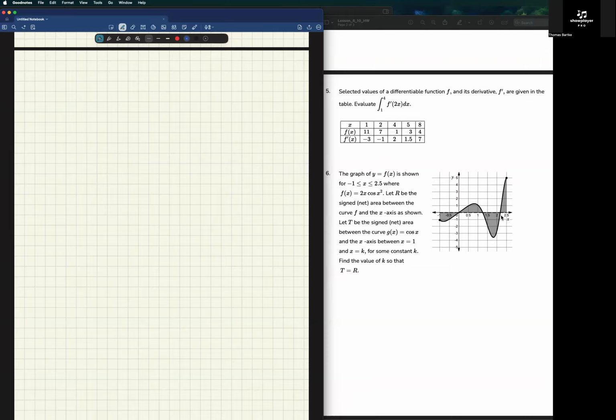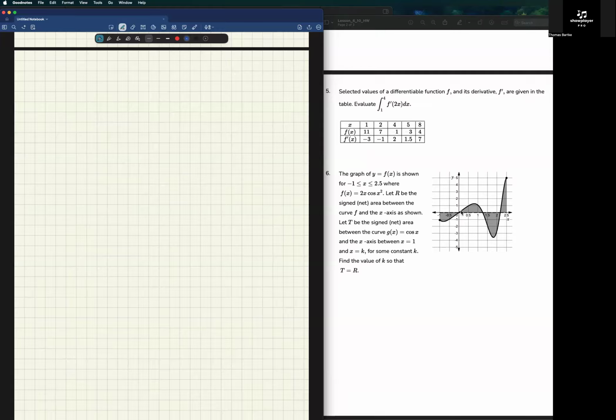Let's see, this all goes to 2.5. So it goes from 1, it crosses at pi over 2. Pi over 2 is a little less than 1.6, so that's about right here. So we're coming from here to here, and then we're going down to -1 by the time we get to pi. So that's outside of the range.